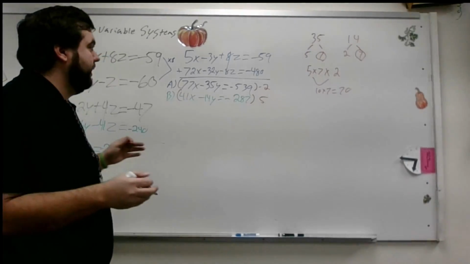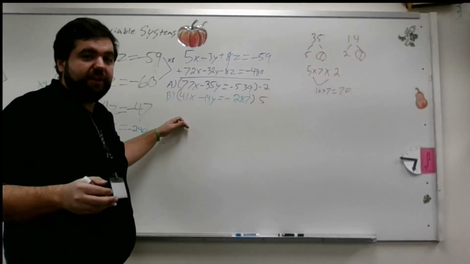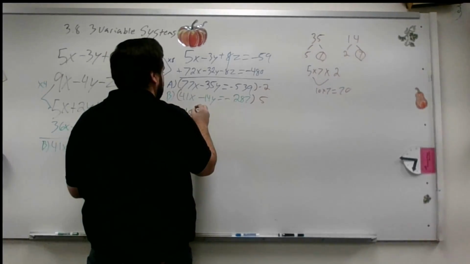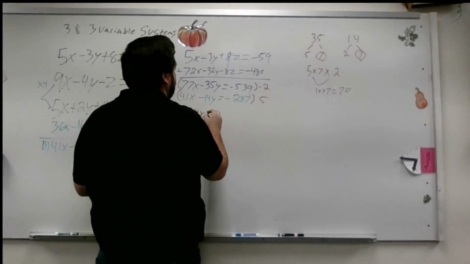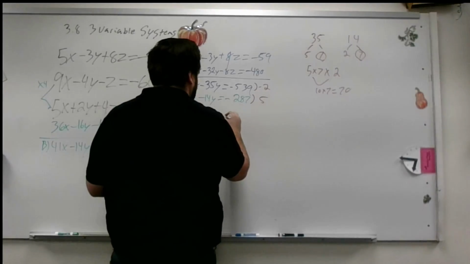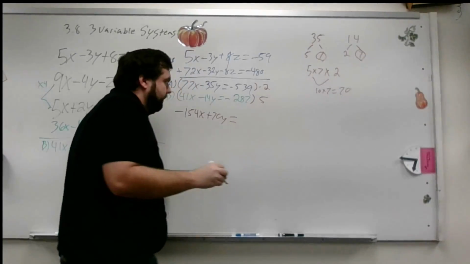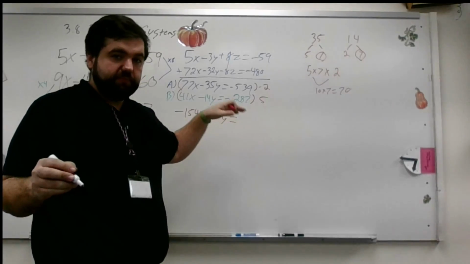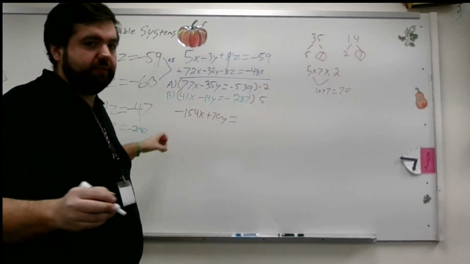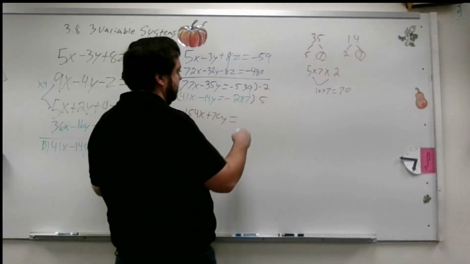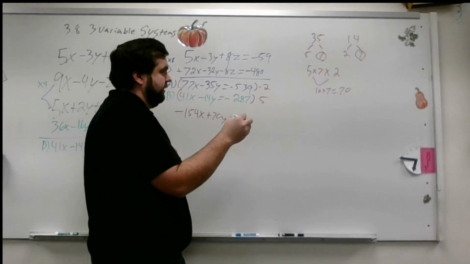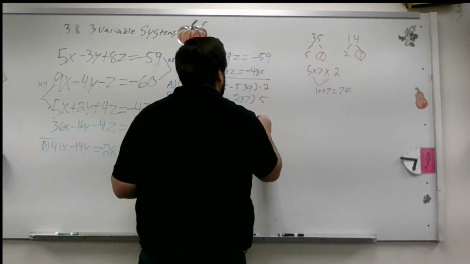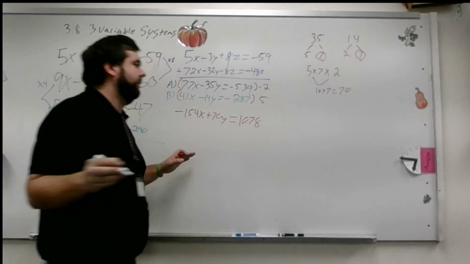So I distribute out my negative 2. 77 times 2 is going to give me negative 154x plus 70y equals, and then 539 times 2, so let's see, double it, that's going to be negative 1,078, and 70y positive, right?